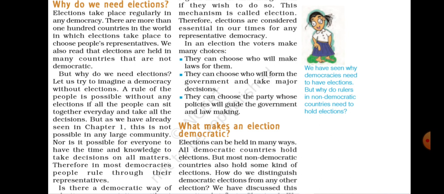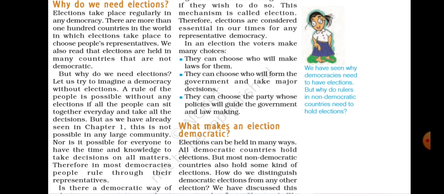So, friends, there are general elections and by-elections. What is a general election? Elections that are held in all constituencies at the same time, either on the same day or within a few days. Then comes by-election. Sometimes an election is held only for one constituency to fill the vacancy caused by death or the resignation of a member.